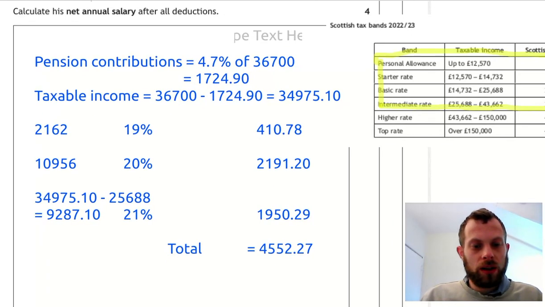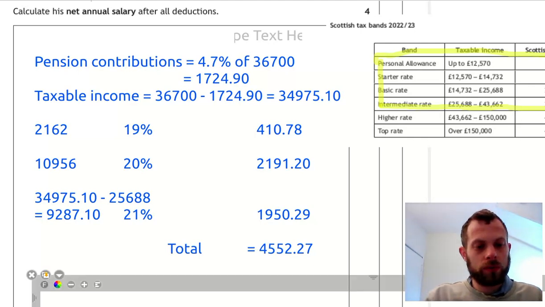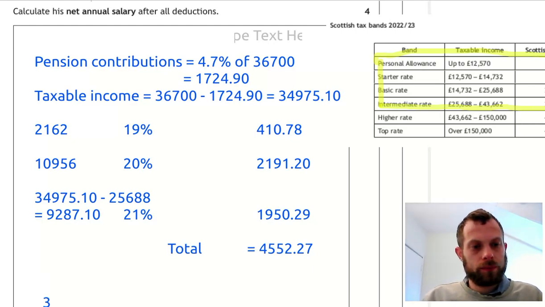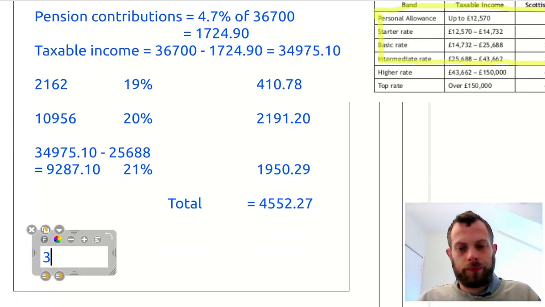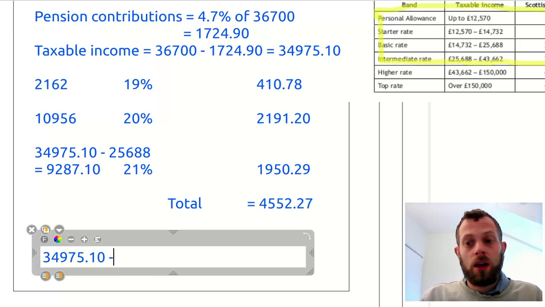What we would do next is take the taxable income, which we are given here, £34,975. Take away the income tax, £4,552.27.